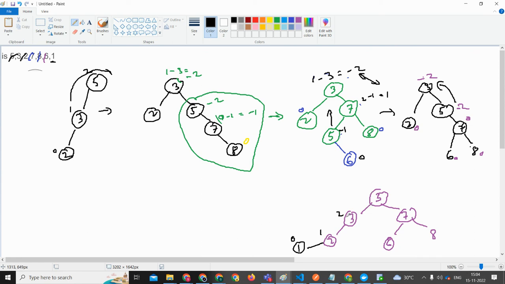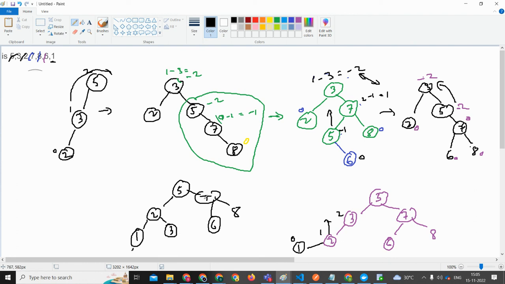Here we need a right rotation. I'm sorry. If you do right rotation, what will happen? 2 will go up, correct? And 3 will come on the right of 2, and 1 will come on the left of 2.